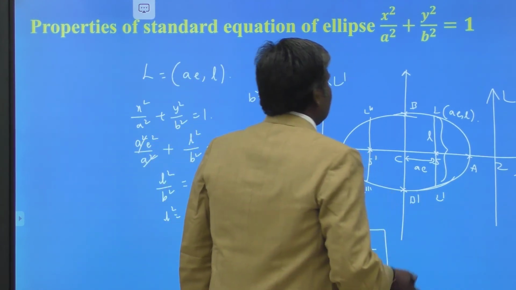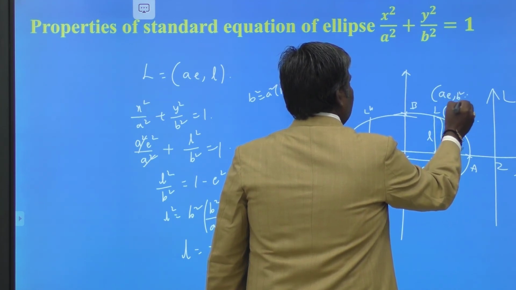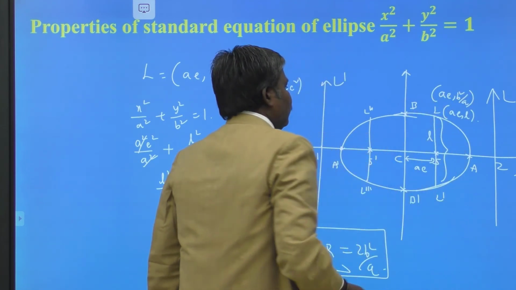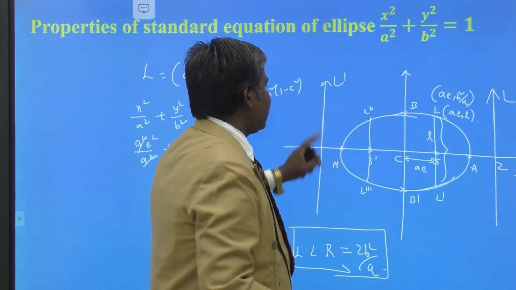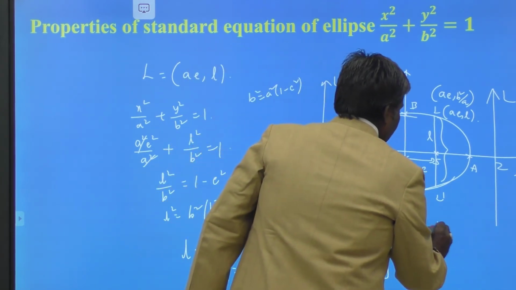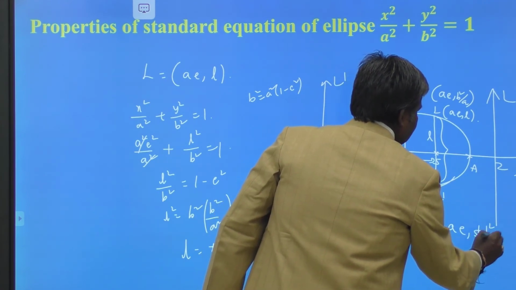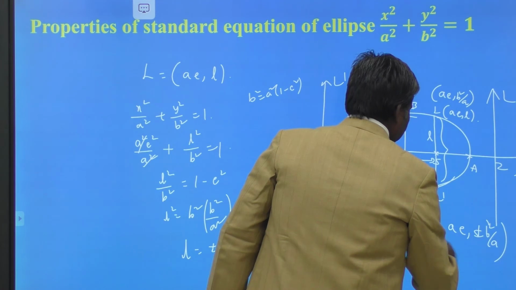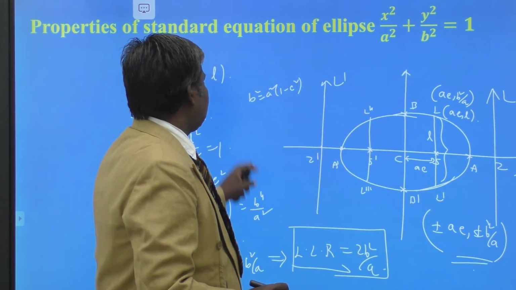Length of the latus rectum is equal to 2b square by a. And the coordinates of the ends of the latus rectum are what? (ae, b square by a). This is the positive end of the latus rectum. We have four ends. We may write them as plus or minus ae comma plus or minus b square by a. These are the four ends of the latus rectum of the ellipse.